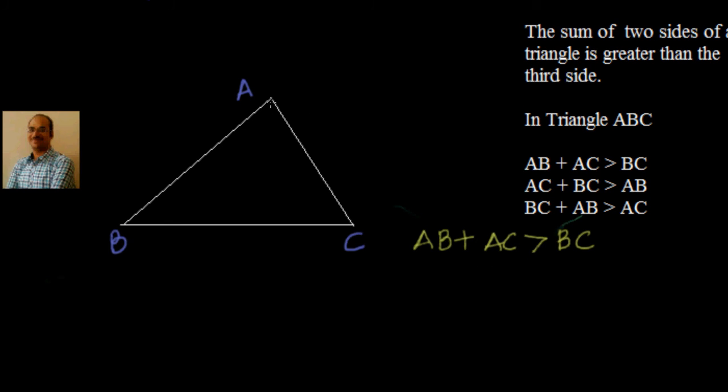So what I will do, I will take this AC as it is and extend from here a length till I go to D such that AC equals AD. I say AC equals AD and I join them.